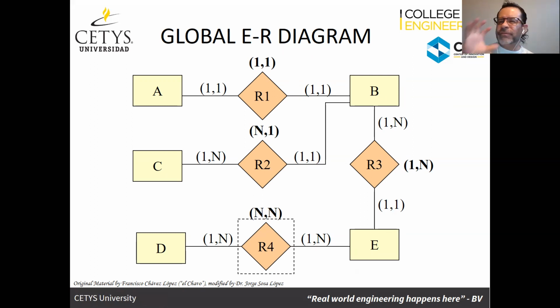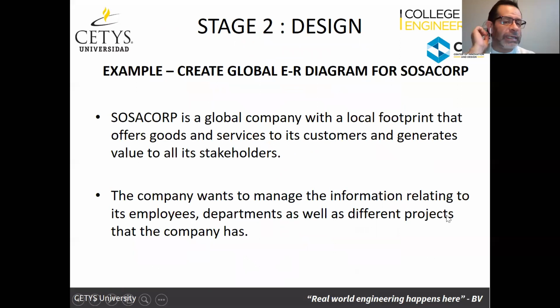It's a visual representation of the system, its entities, its relationships. In this case, for example, we don't have the attributes identified here. If we did, the attributes would be these little bubbles that would be connected to each of the boxes.